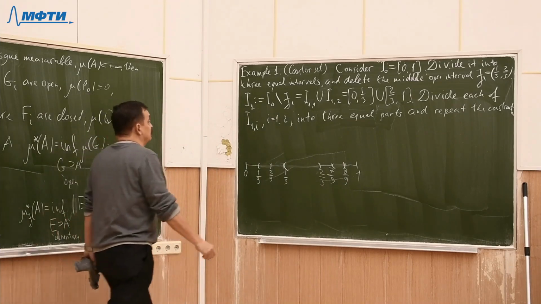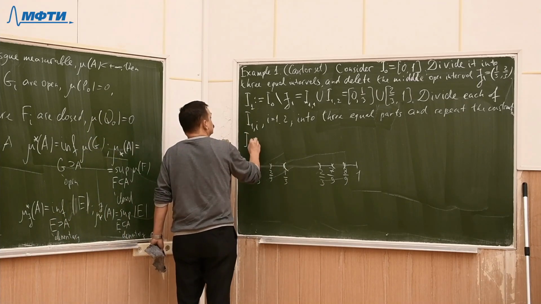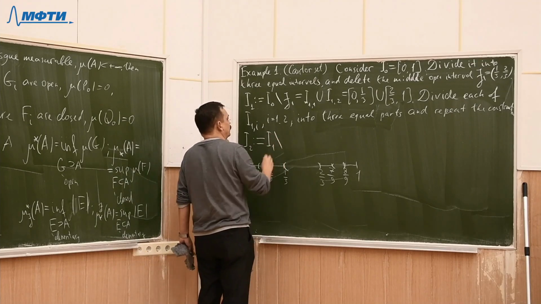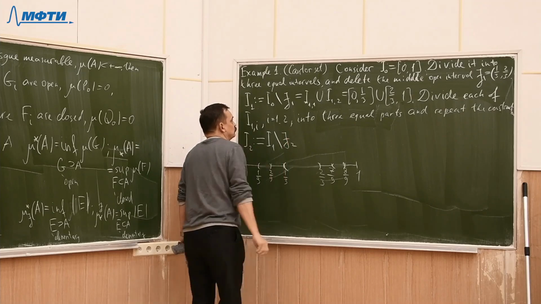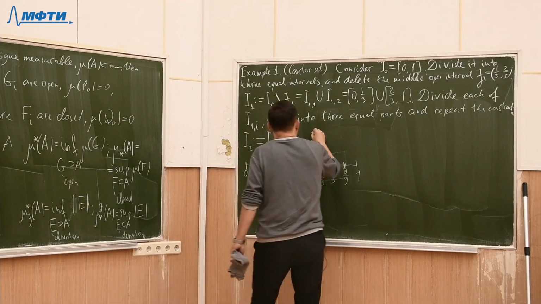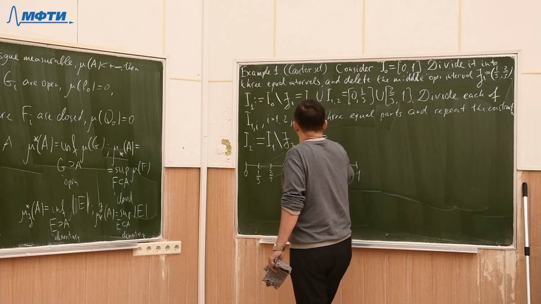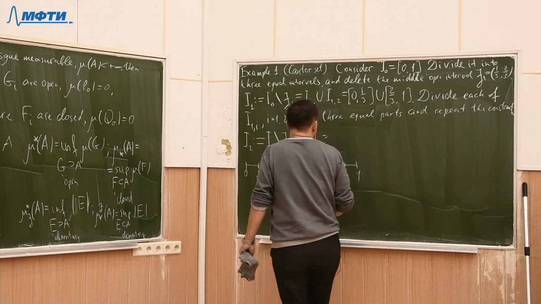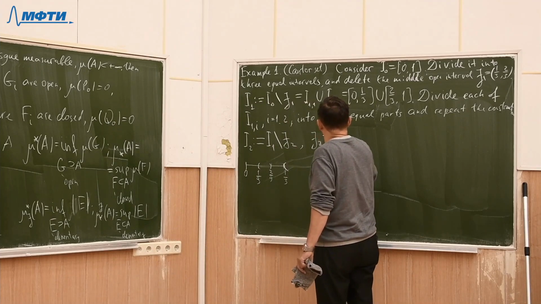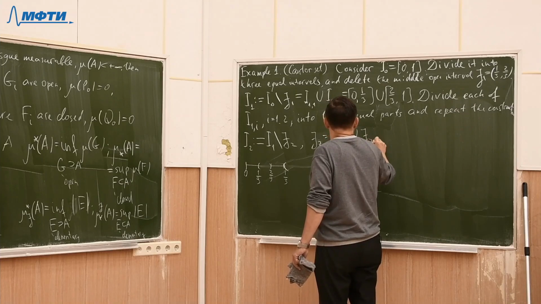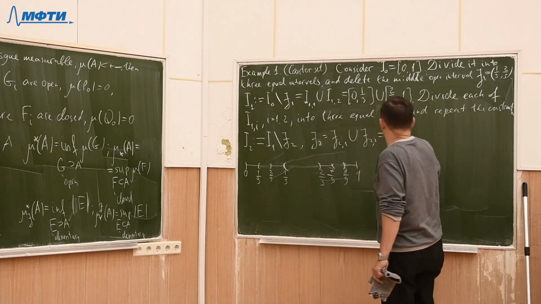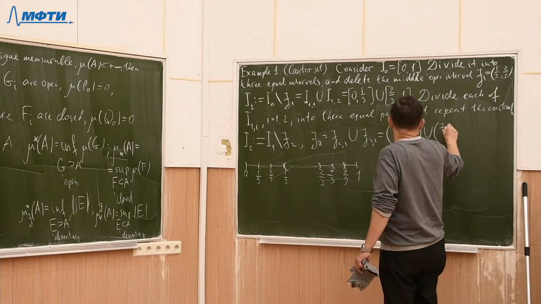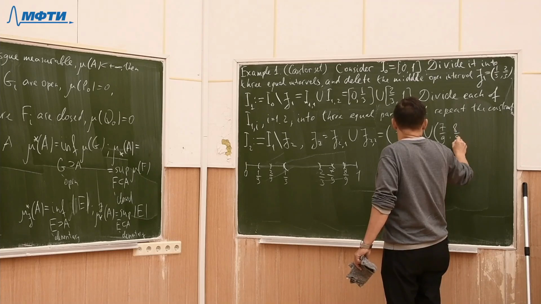So it means that now I consider I2, that is by definition I1 minus J2, where J2 is now the union of two middles, right? So J21 together with J22, that is the interval (1/9, 2/9), together with (7/9, 8/9).